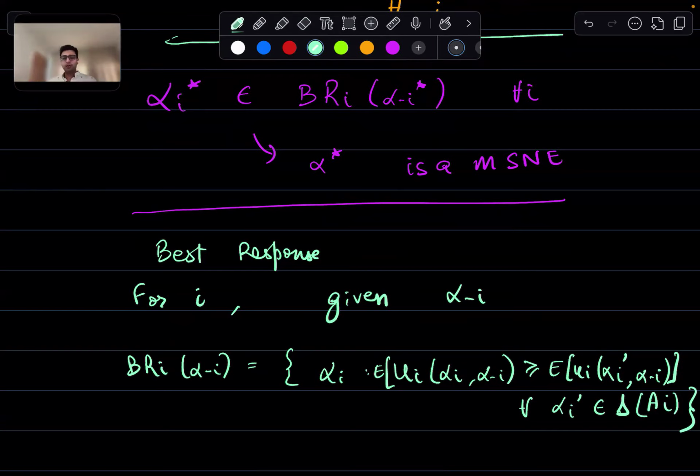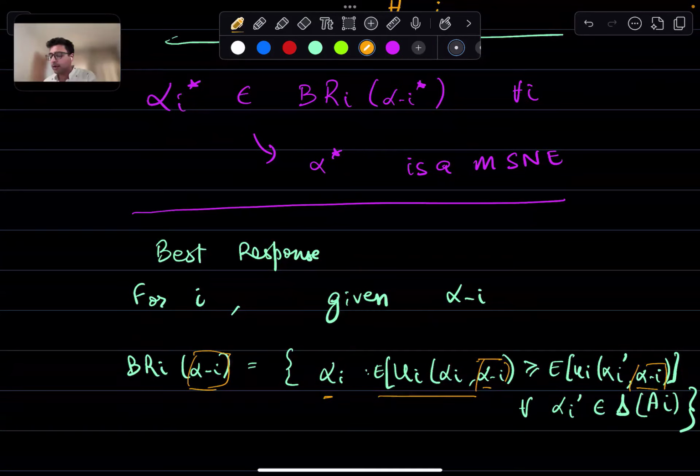Okay, so best response for player I, just in plain English, it's always going to be a function of the choices made by the other players in the game. So that alpha minus I, you take that as a given. So you take as given how other players are mixing over their actions. And then what you're finding is this set of alpha I's such that player I's utility is maximized, taking as given this alpha minus I. Okay, this is the same alpha minus I that we put in as the input into this function.